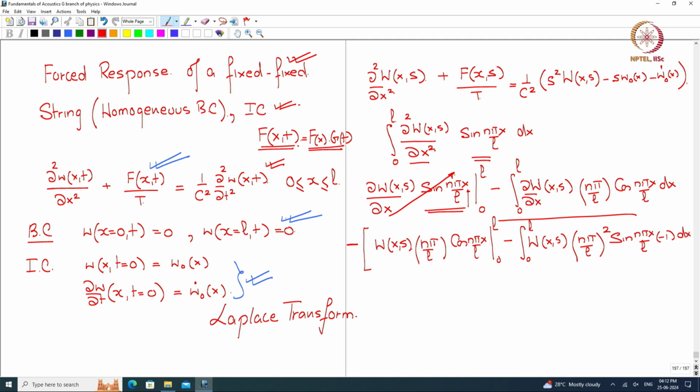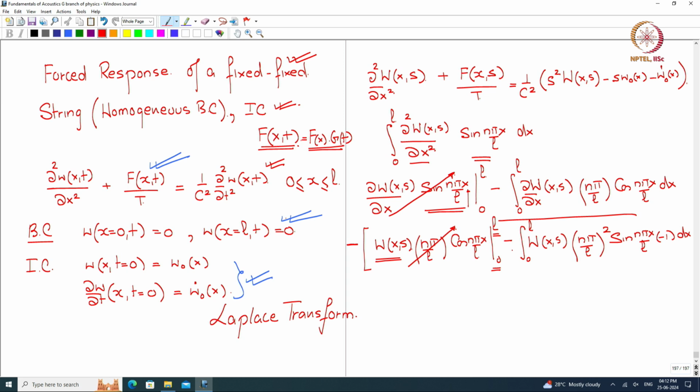Now this w function, this displacement function, is 0 at x equal to 0 and x equal to L. So this term goes off and I have a triple minus over here.